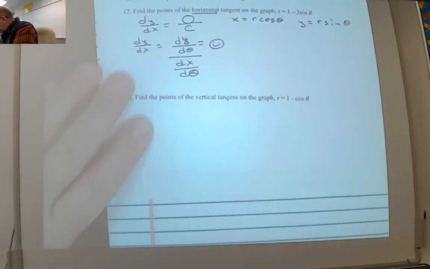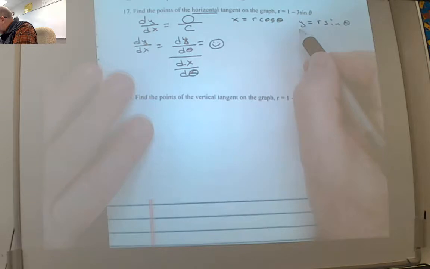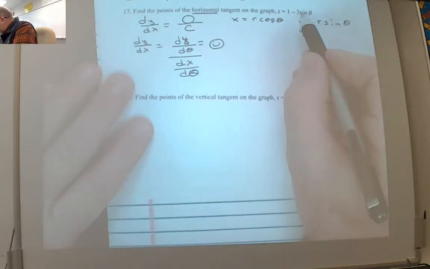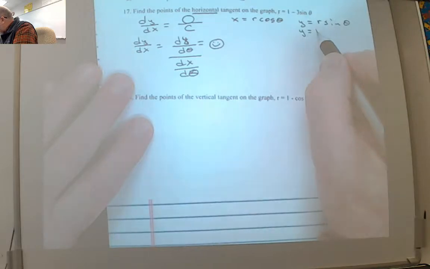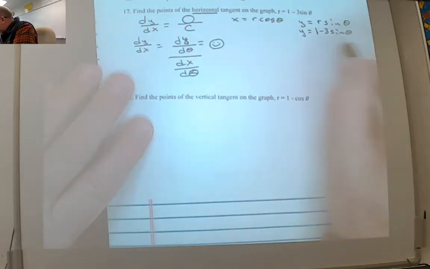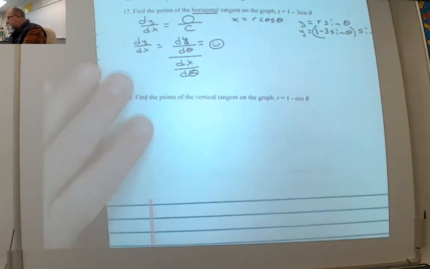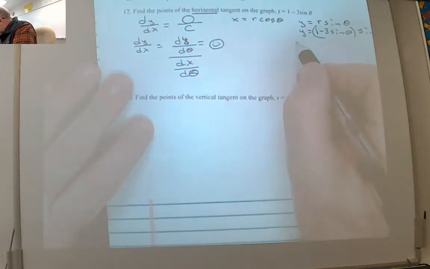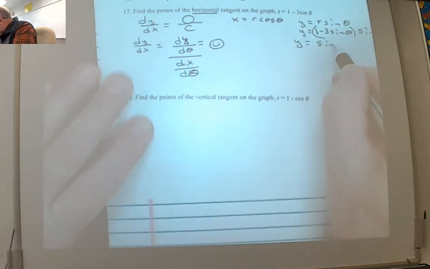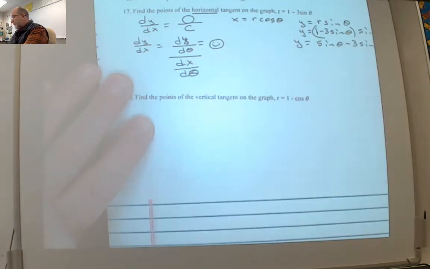So what I'm going to do then is say y is equal to, and if you notice r is equal to this, so I'm going to have 1 minus 3 times the sine of theta, times the sine of theta. Well, actually, I'm going to multiply this through. I'm going to have the sine of theta minus 3 sine squared theta. Is that better?